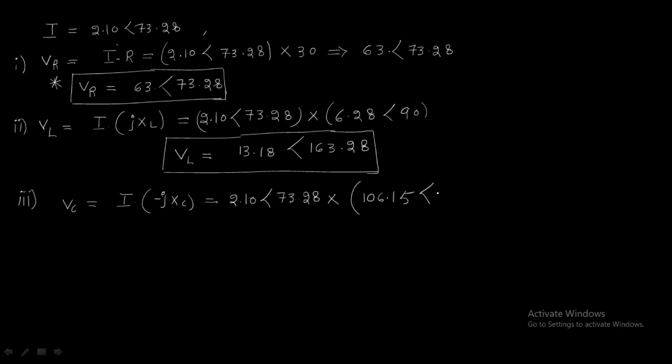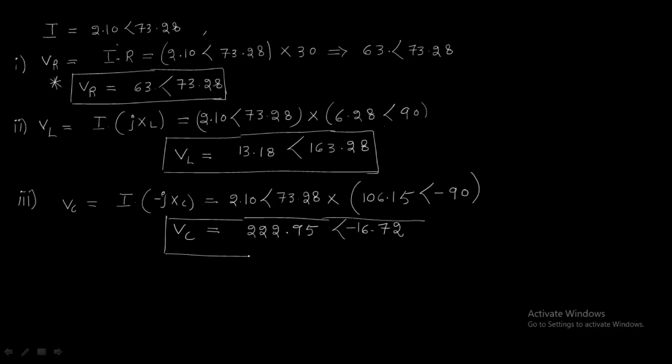Wherever XC is there, automatically it is minus 90. By simplifying this we will get 222.95 at an angle of minus 16.72. This is the VC. So the VR value is this, the VL value is this, and the VC value is this.